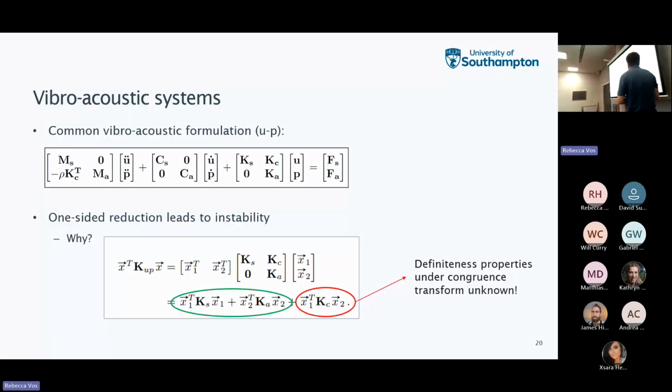If we do this multiplication with this vector, we find we have two constants here, which are fine, and will preserve their stability or definiteness properties under this reduction. However, this third term, you see we have x1 and x2. x1 is the structural part of the equation, x2 is the acoustic. This term here can be positive or negative. We don't know. And that's why we cannot prove that this reduction leads to stability.